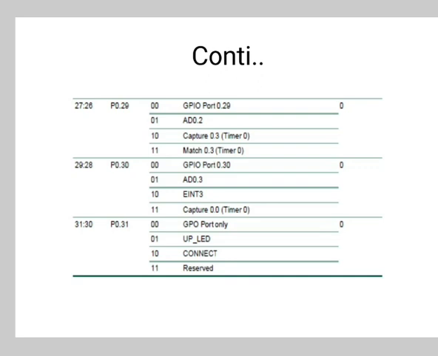Next, bits 29:28, for 00 it is GPIO port 0.30, 01 is AD0.3, 10 is EINT3, and for 11 it is capture point 0 of timer 0. And the last is bits 31:30, for 00 it is GPIO port only, for 01 it is UP LED, 10 is CONNECT, and 11 is reserved.